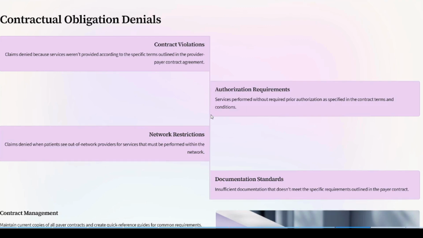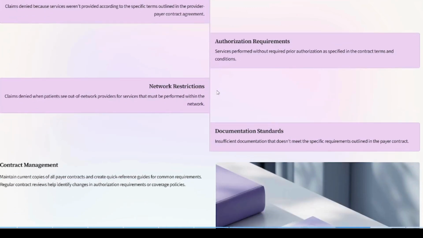All right, next we have network restrictions. Claims are denied when a patient is seen by out-of-network providers for services that must be performed within the network. And lastly, we have documentation standards. Insufficient documentation that doesn't meet the specific requirements outlined in the payer contract.